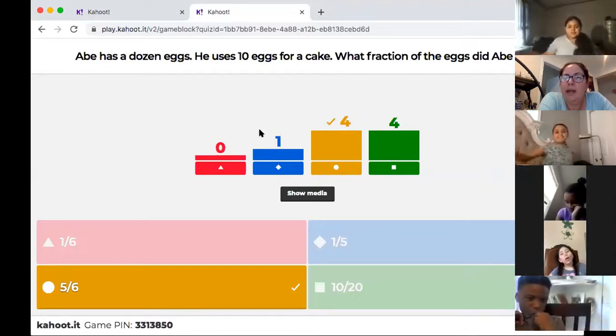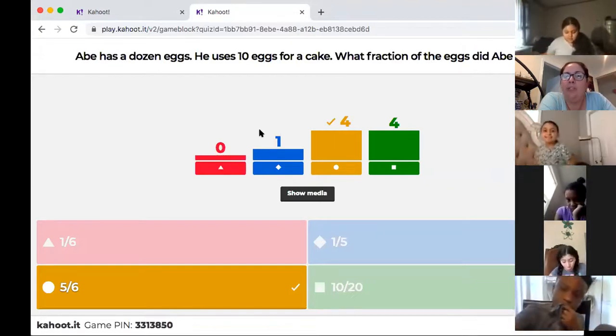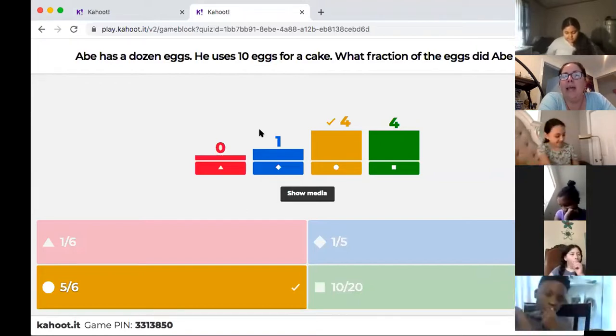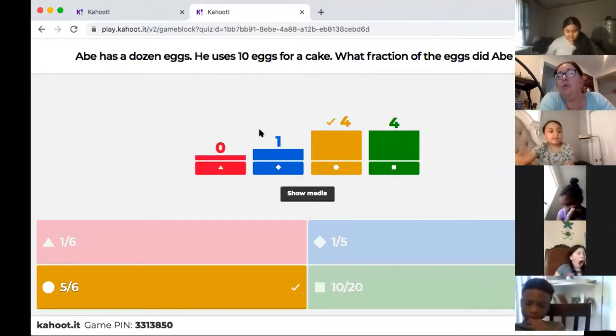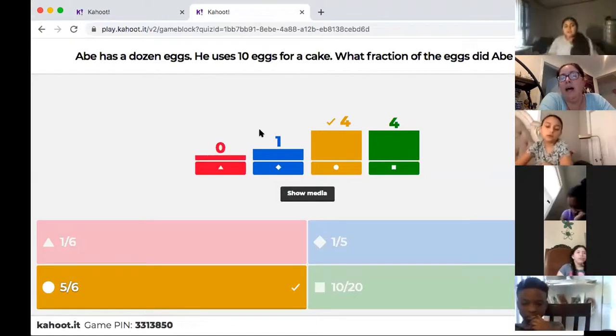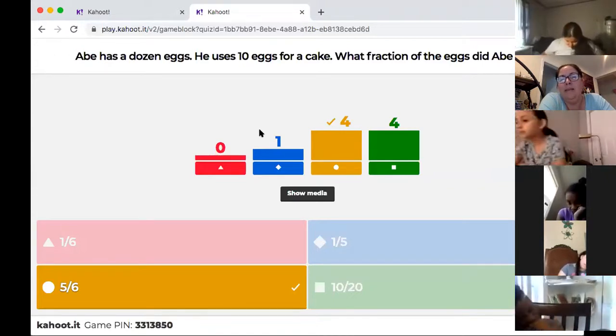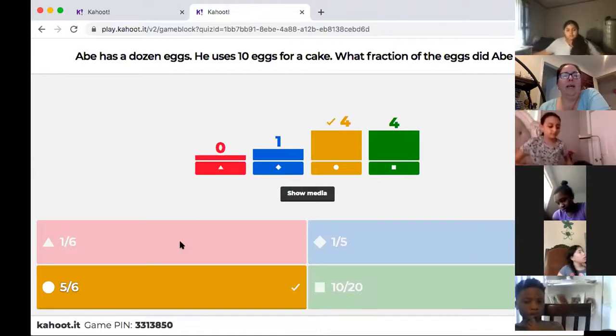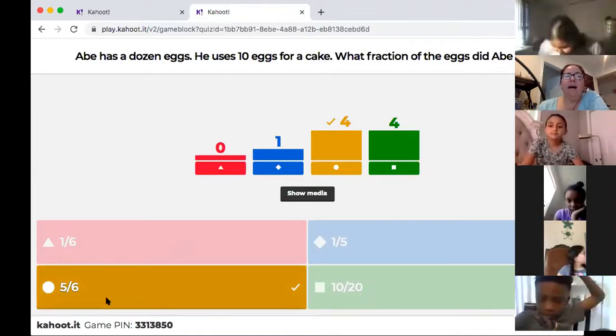And to get an equivalent fraction, you can divide 10 by 2, which is 5, and 12 divided by 2 is 6. And so we get the fraction 5/6.